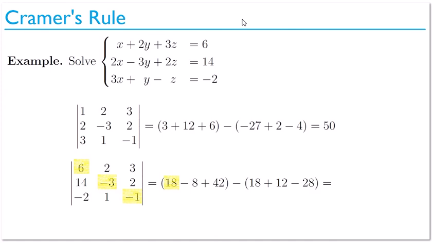So we have here 18 minus 8 plus 42 minus 18 plus 12 minus 28. If we simplify this, we get 50. This is the numerator over this denominator. So we have x is equal to 1.